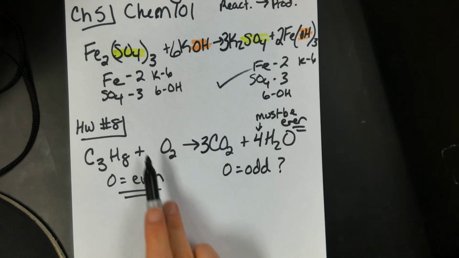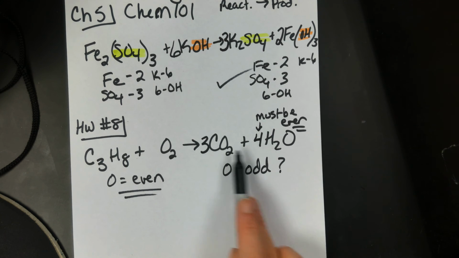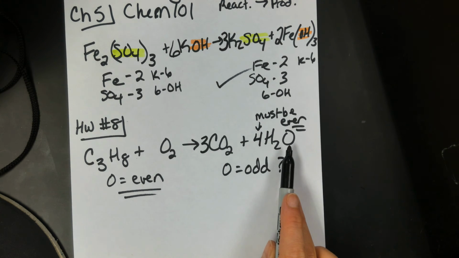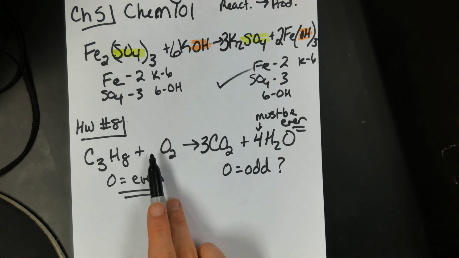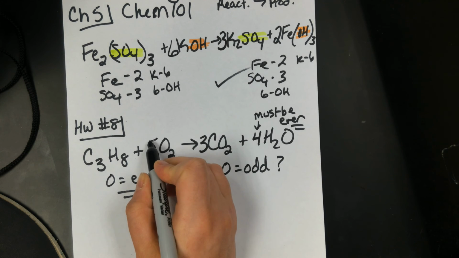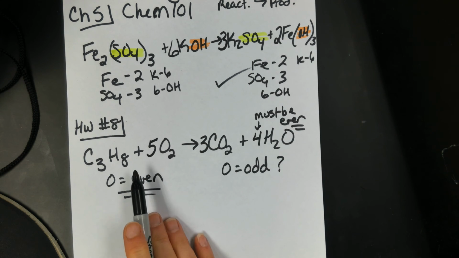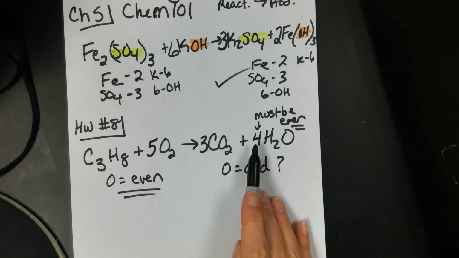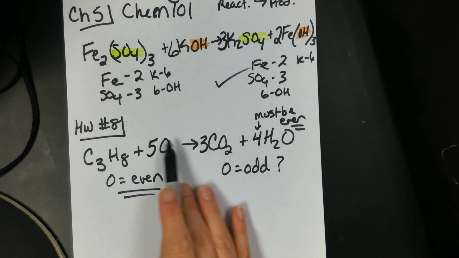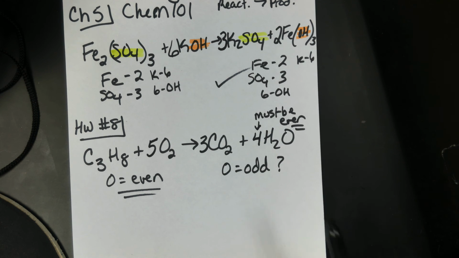So there are 2 right here, and there is a total of 6 plus 10. So all I have to do is put a 5 right there. And now I have 3 carbons on each side, 8 hydrogens, 10 oxygens, 6 oxygens and 4 oxygens. So this one is now balanced as well.